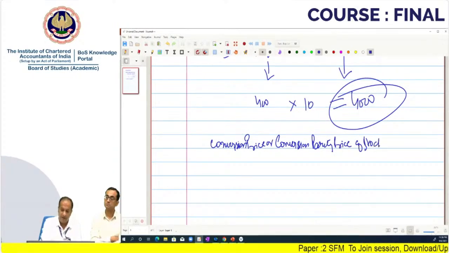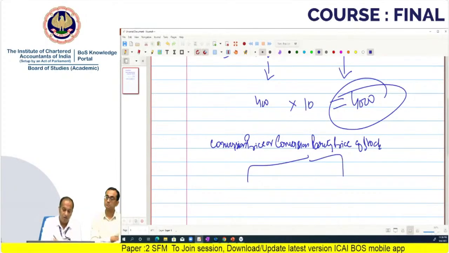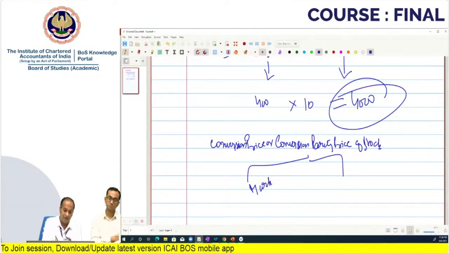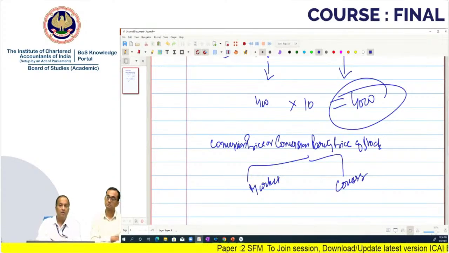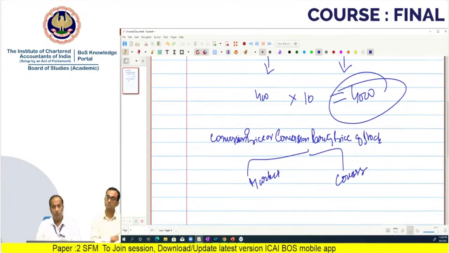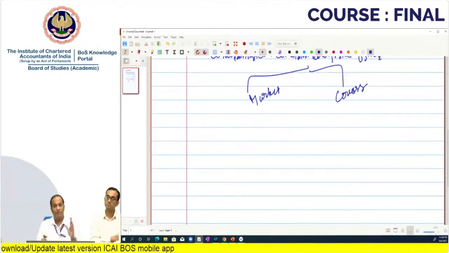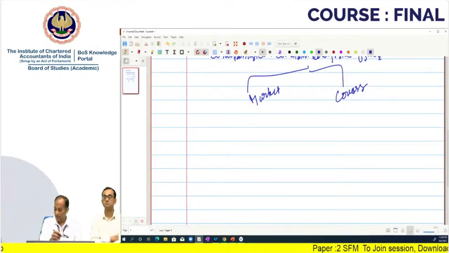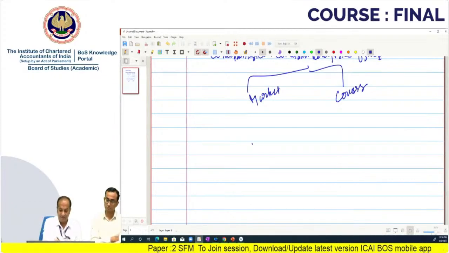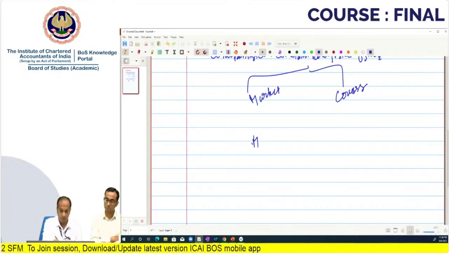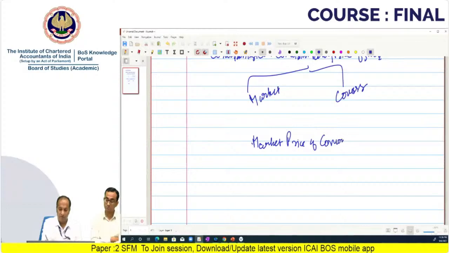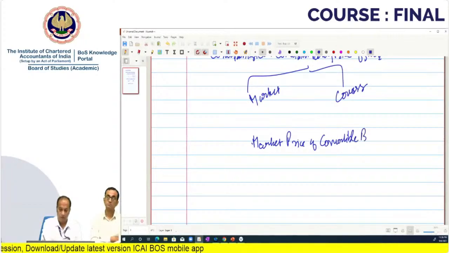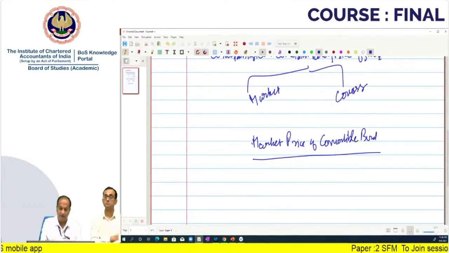It means either you go for the market or you take the conversion route. So this is the price at which you either buy it from the market or make it through the conversion route. We can compute it as the market price of the convertible bond divided by the conversion ratio.